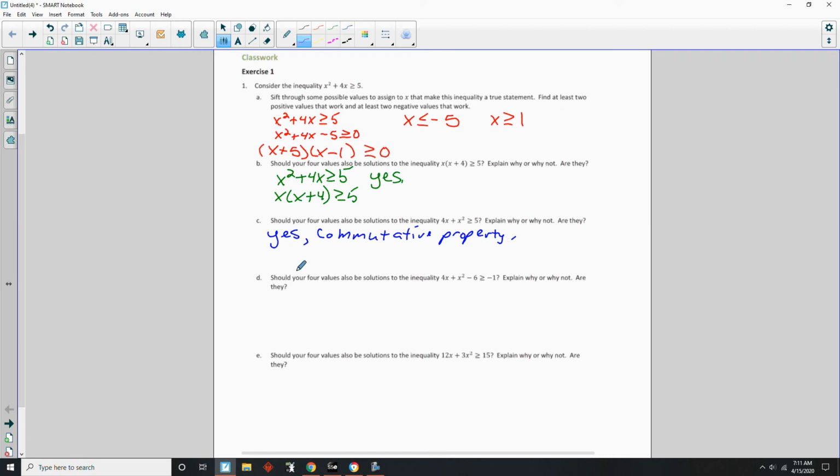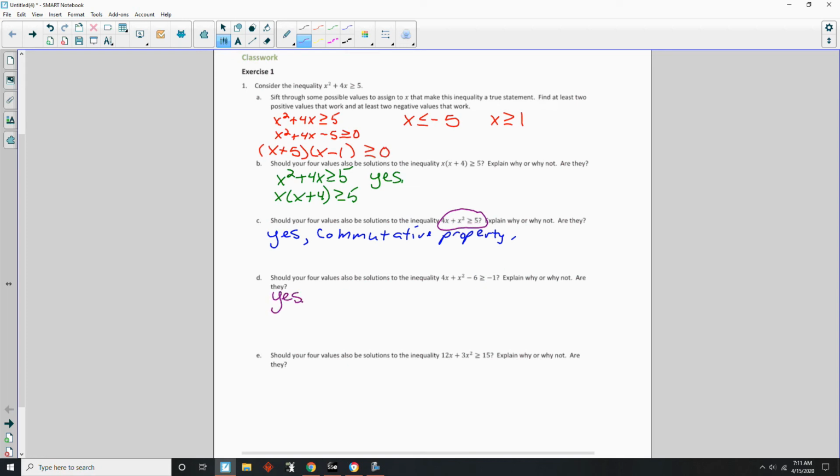Okay, part D. Should your four values also be solutions to the inequality 4x plus x squared? So we're looking at this equation. And then they subtracted 6 from the left, so it's minus 6. And then 5 minus 6 is negative 1. So yes, the answer is yes.